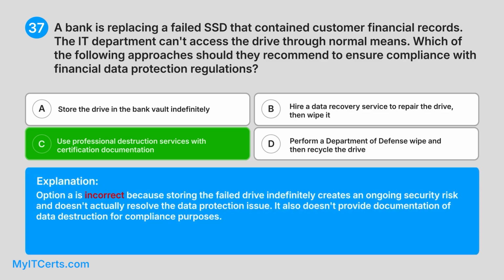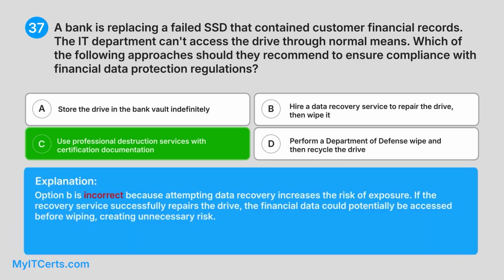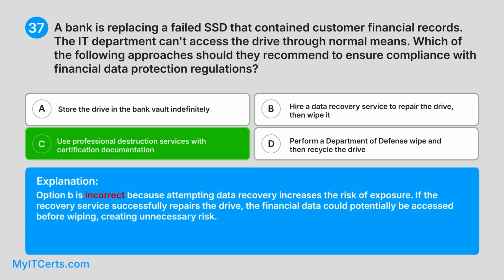Option A is incorrect because storing the failed drive indefinitely creates an ongoing security risk and doesn't actually resolve the data protection issue. It also doesn't provide documentation of data destruction for compliance purposes. Option B is incorrect because attempting data recovery increases the risk of exposure.